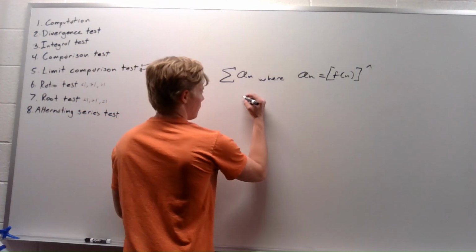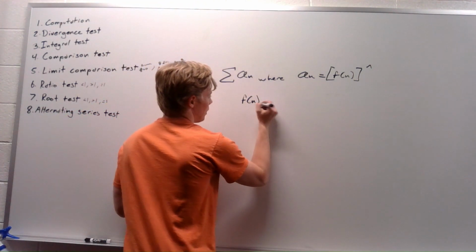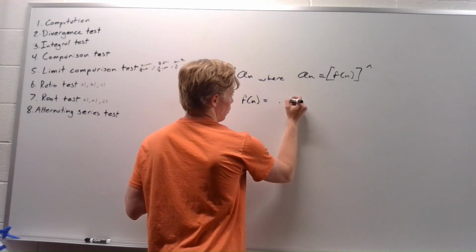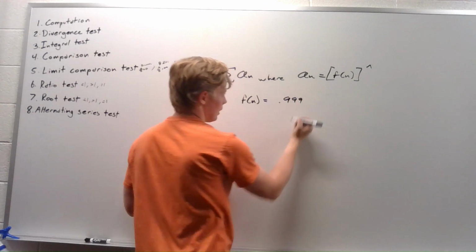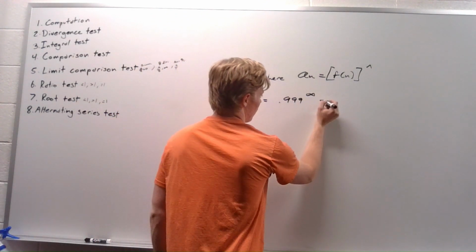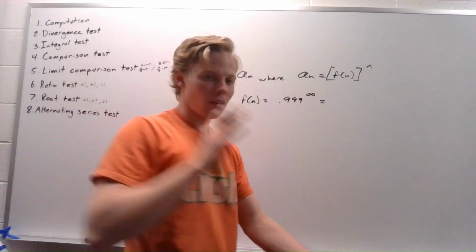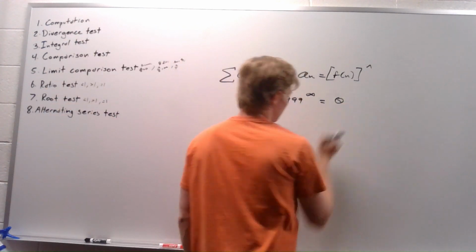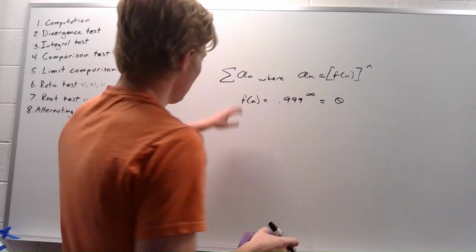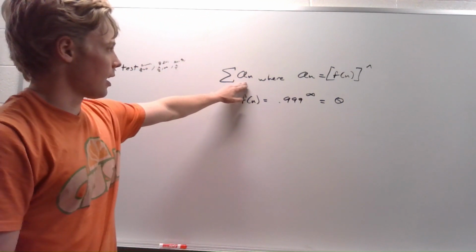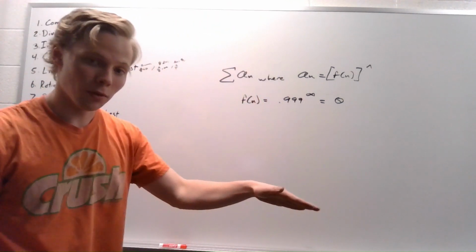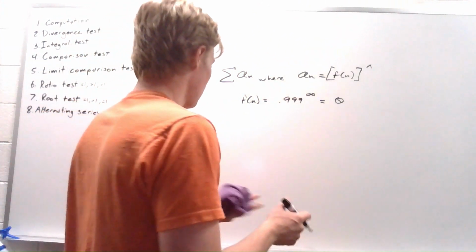And so if the limit of f of n is 0.999 even, but it's less than 1, 0.999 times itself infinite times is just going to get smaller and smaller and smaller, and in fact, it's going to be 0. And so what you're going to end up with is that a sub n goes to 0 at an appreciable rate, and so it's going to converge.